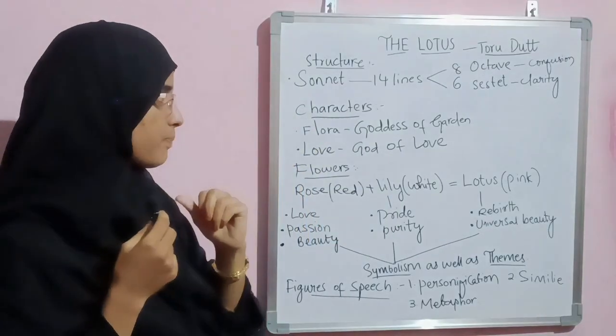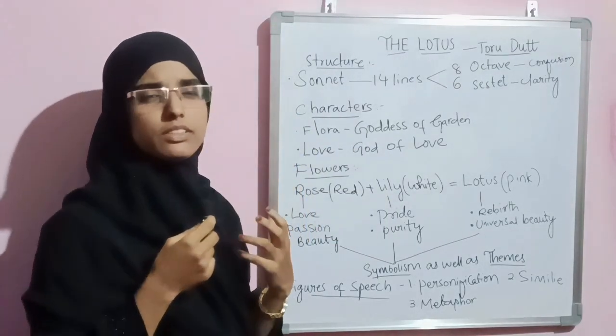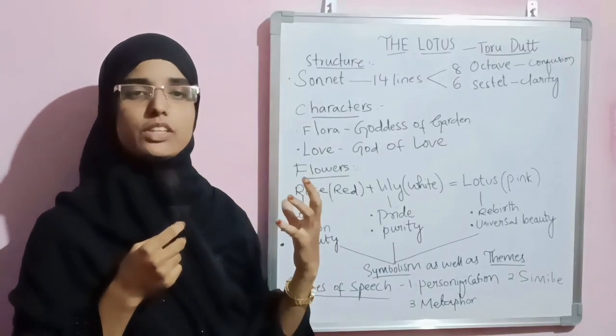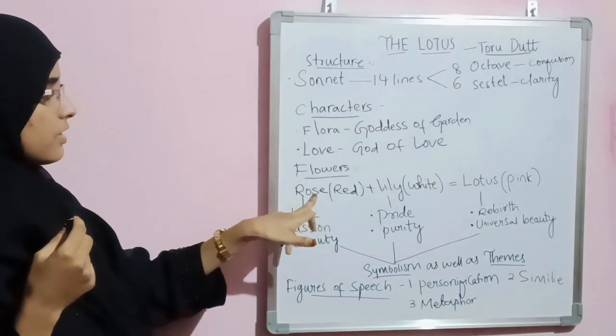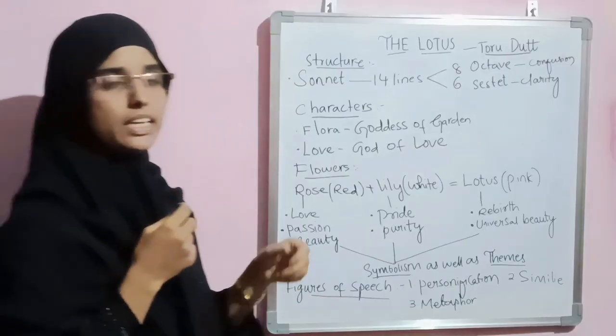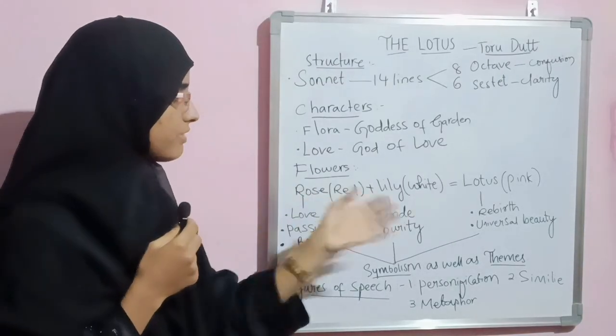this whole world. So Flora in response says, see, Love, for thousands of years there has been a rivalry between two flowers. What are the flowers? Rose and the lily. And she further describes the qualities of these two flowers.